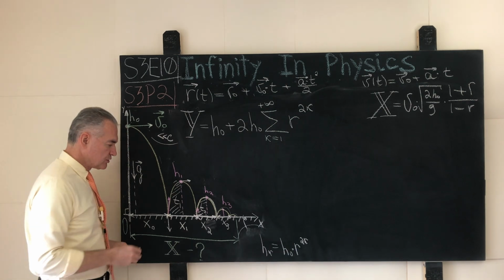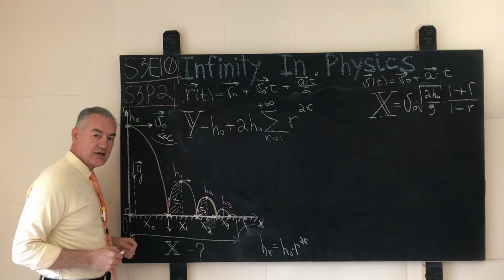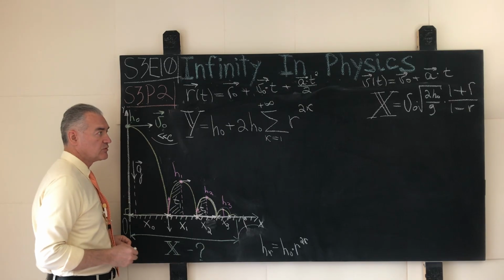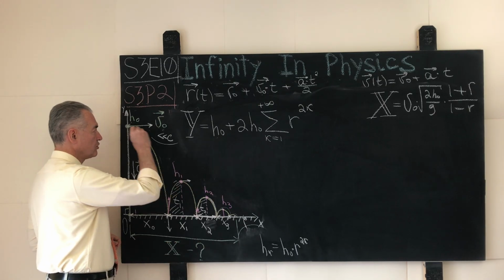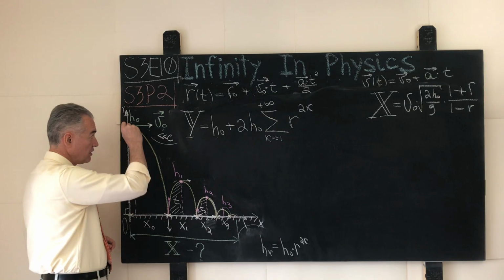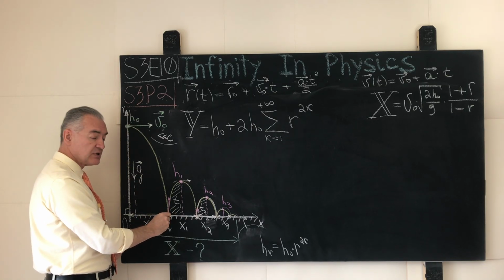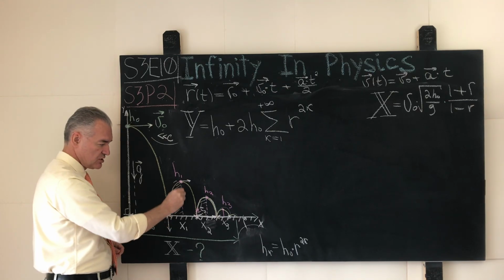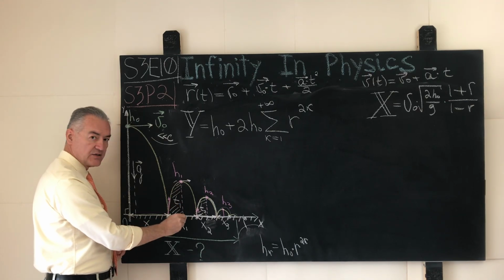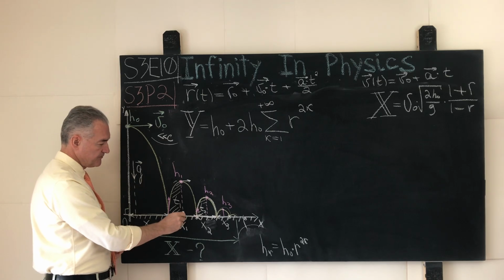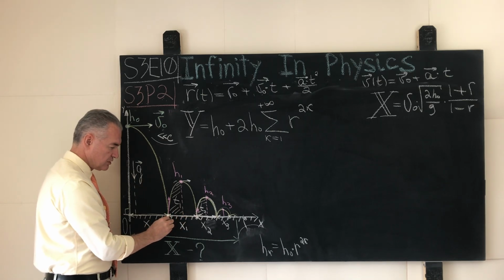We know that the total vertical distance that our chicken will travel will be comprised of what? The initial vertical journey on the downward parabolic arc over here, h0, plus 2 copies of each maximal height h_k. Why 2 copies? Because first the chicken will ascend.